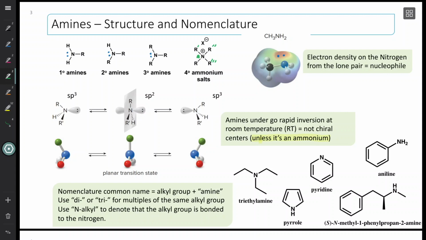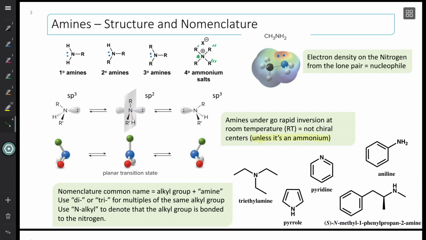All right, nomenclature is pretty straightforward. For most of them, you just say the alkyl group and then amine. So if it's ethylamine, ethyl NH2.